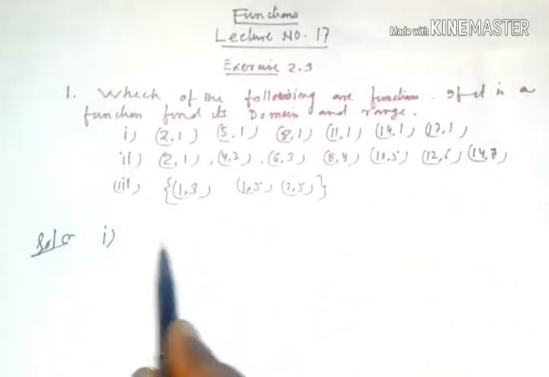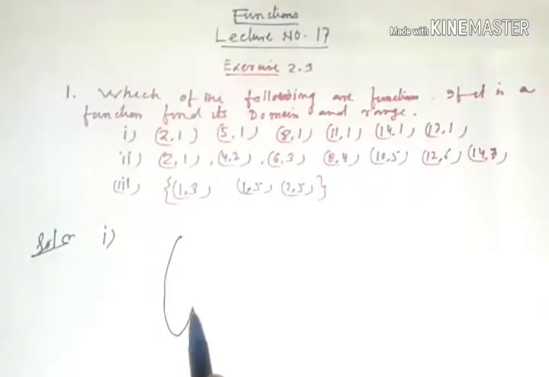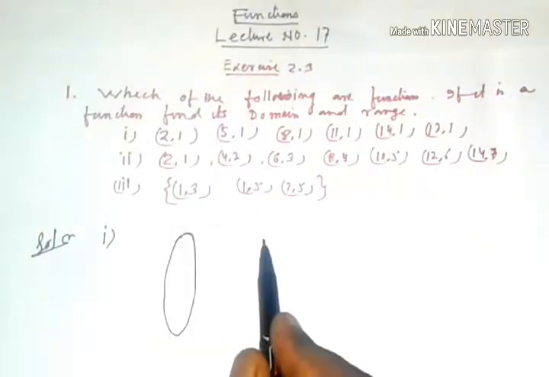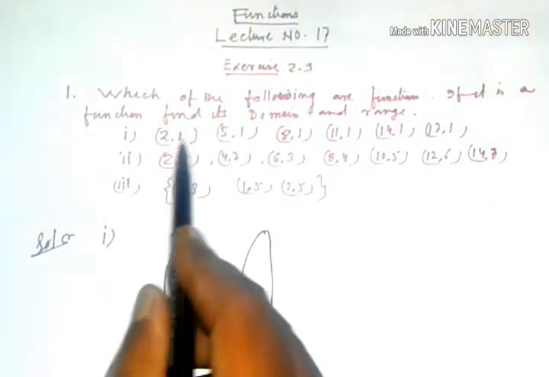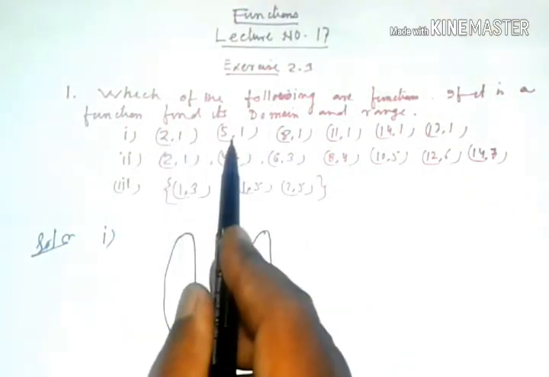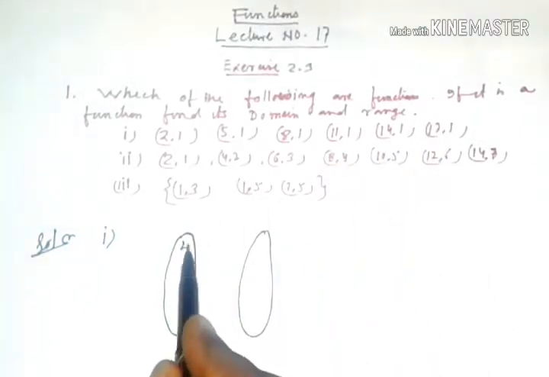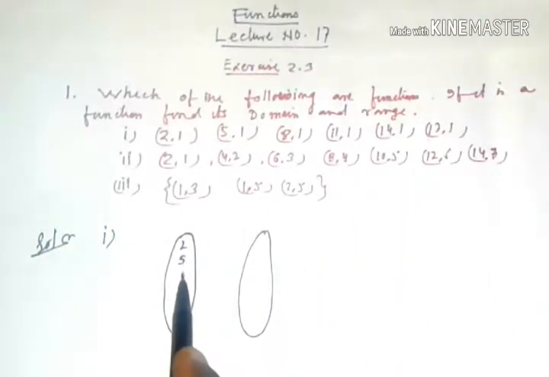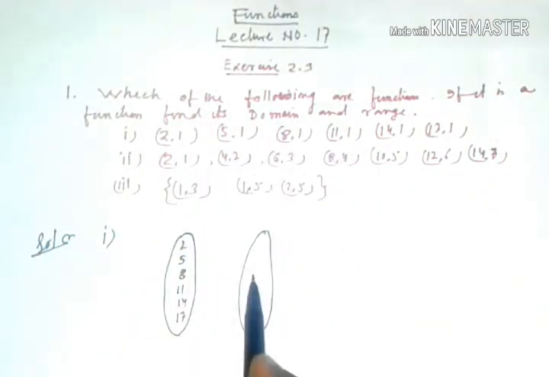So we can draw a diagram for this. Here the first components are 2, 5, 8, 11, 14, 17, and the second component is 1, 1, 1, only 1.